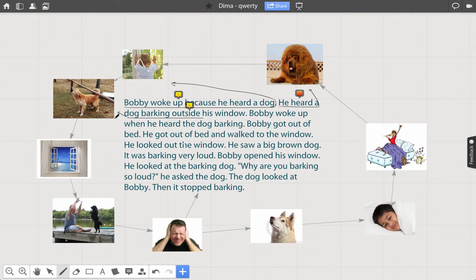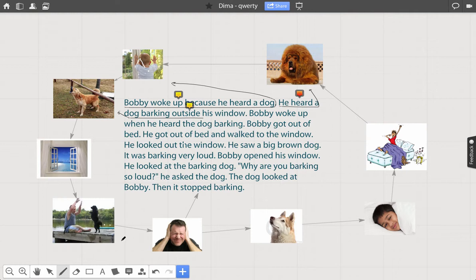As you can see, there are two different dogs, and so a student has to decide which picture is correct and relates to a specific sentence, which requires, of course, understanding, and then again, it's easier to remember.